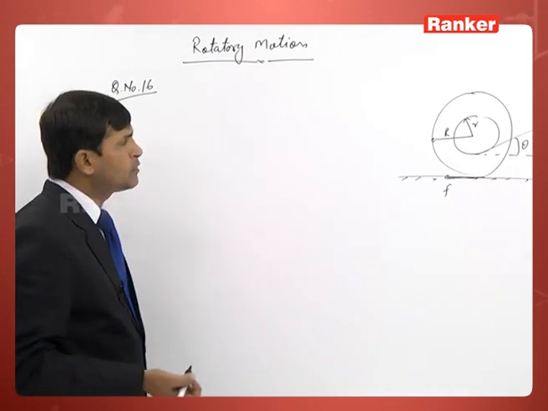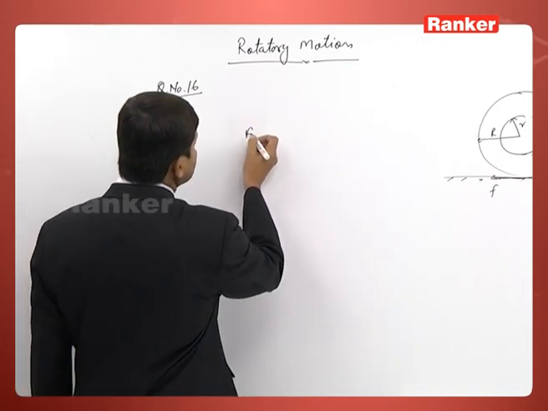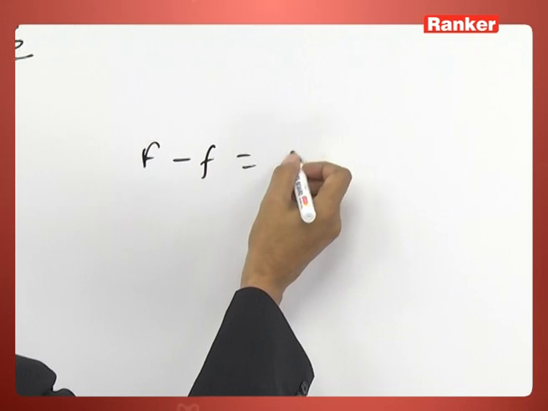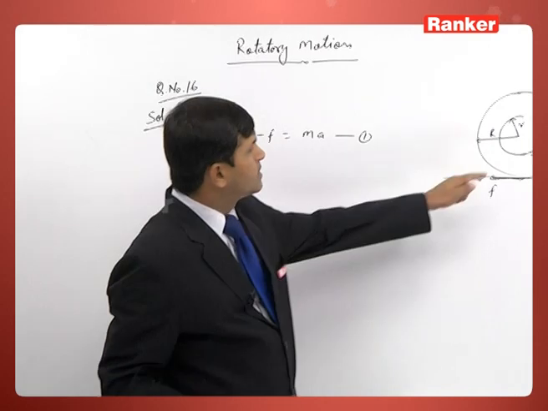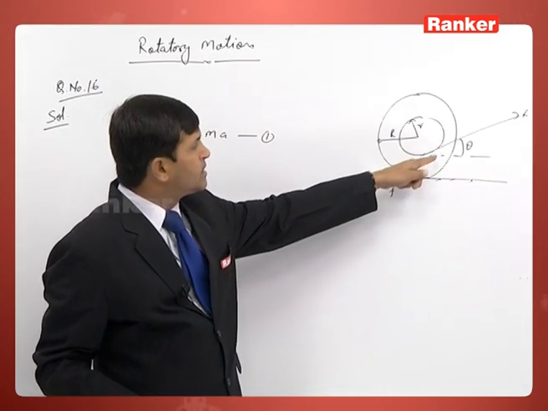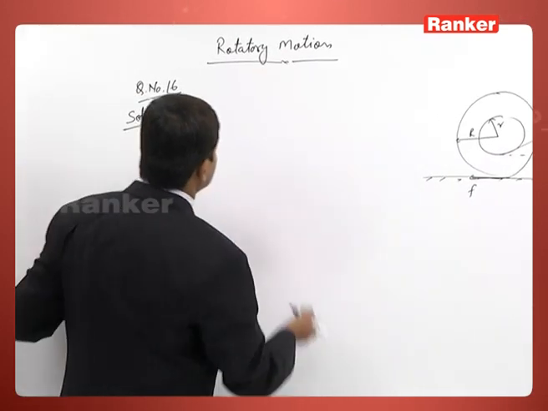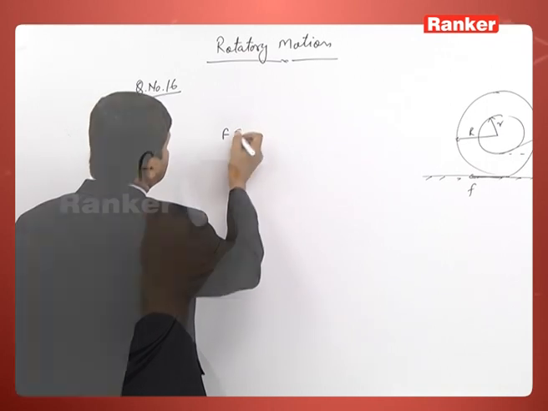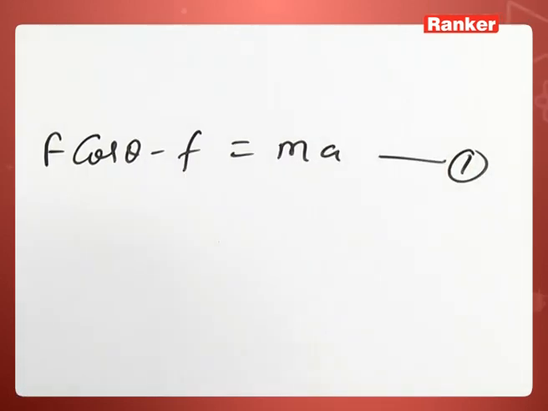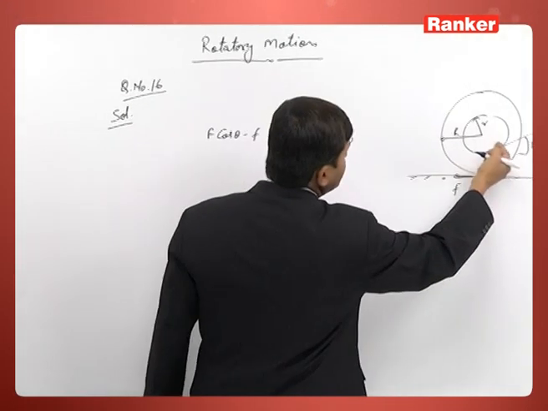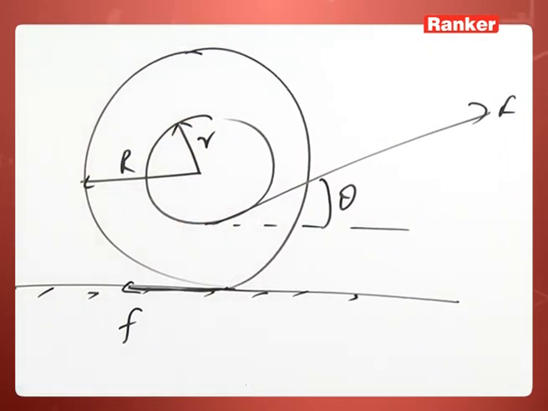If we are writing the equation for the horizontal, our equation will be F minus f is equal to m into a. Another equation here: the first equation we can say F cos theta minus f, and the second equation will provide a torque in the anti-clockwise direction, this is the clockwise direction.